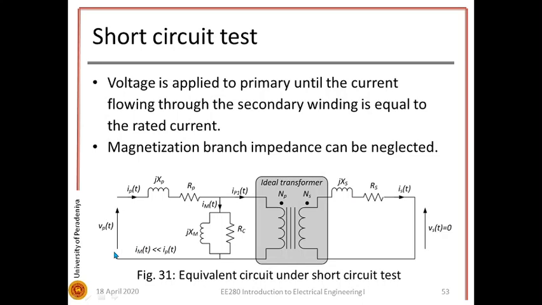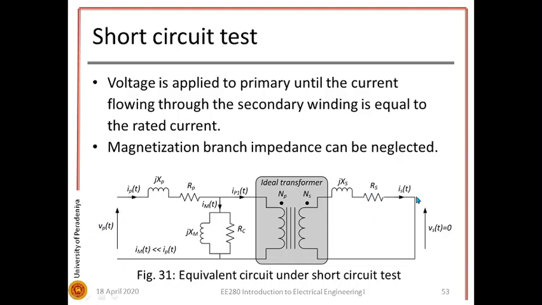In this experiment, we start increasing the voltage applied to the primary from 0, and we observe the secondary current. We gradually increase the input voltage and see how the secondary current varies. When the secondary current reaches the rated secondary current, we stop increasing the primary voltage.